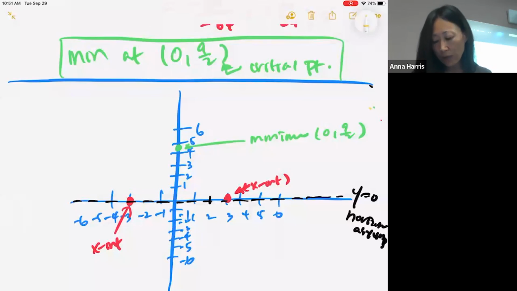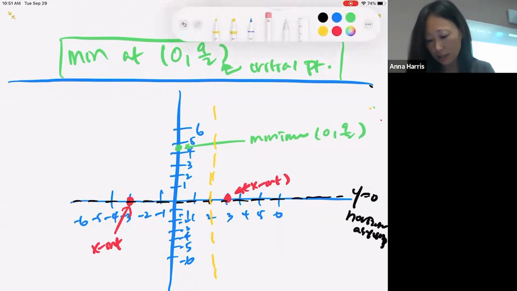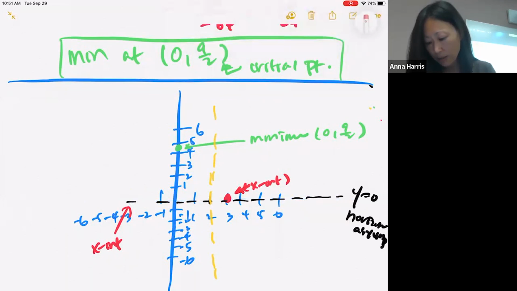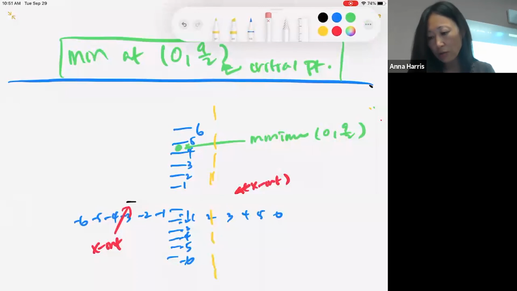Vertical asymptote is where? But the horizontal asymptote is 2 what? Oh, 2. Oh my gosh, thank you, thank you, thank you. I'm not looking at the right one again. Thank you. By the way, you need to go back to your notebook. If you don't, you will make a mistake like I do.